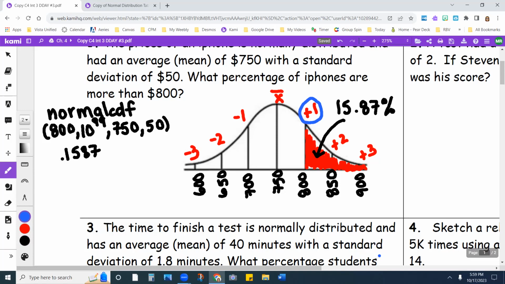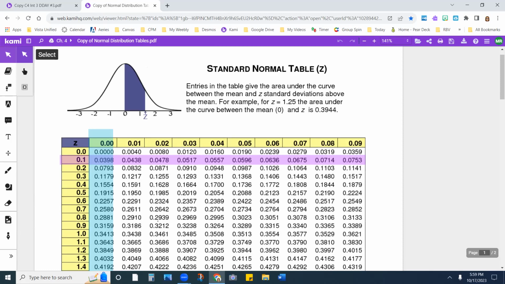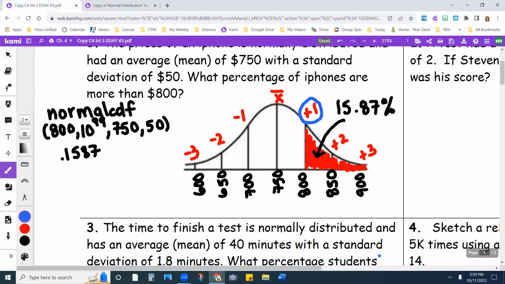So I'm going to go to my table, the one that starts from the center out, and I am going to look for 1. I'm going to stay in the first column, and 1 is right here, 0.3413. So this right here is 0.3413. We want the rest of it.